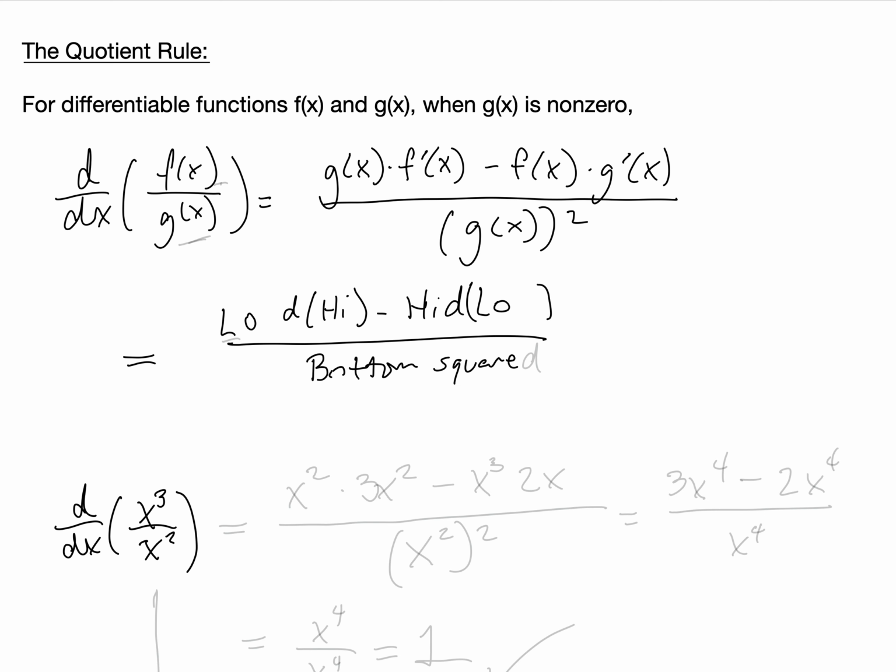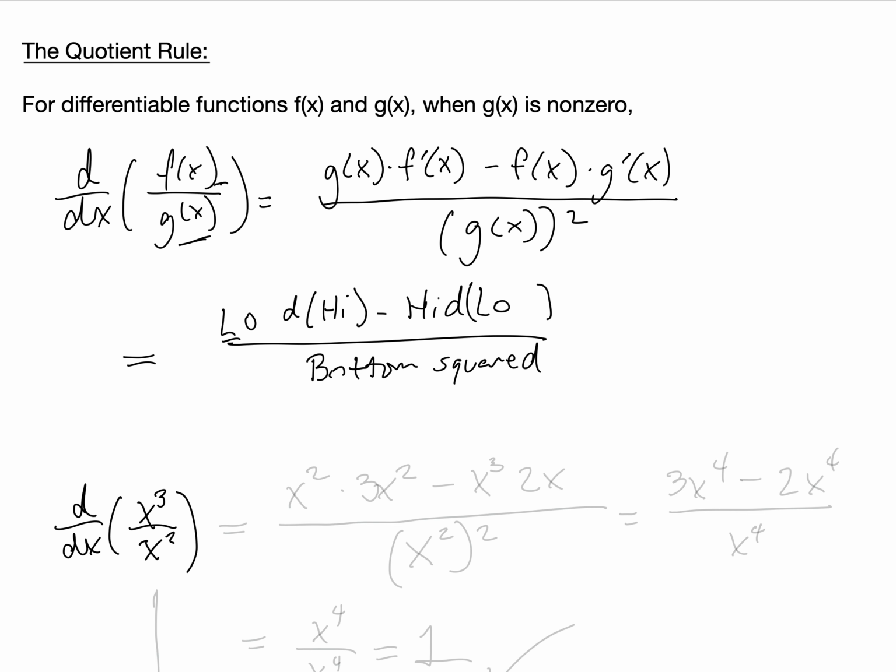So that's just a way a lot of people sort of memorize it in their head. Low, g of x, low d high minus high d low, all over the bottom squared.